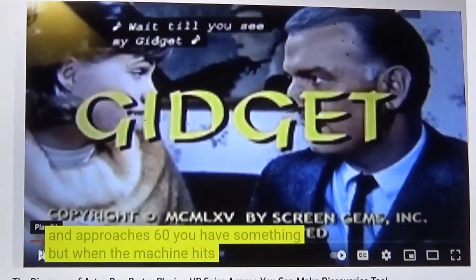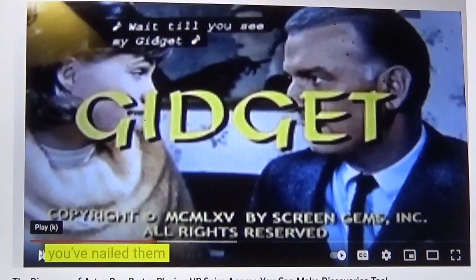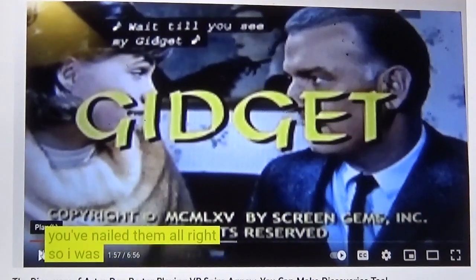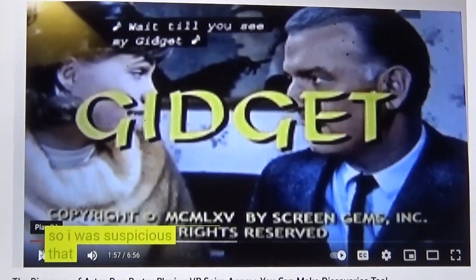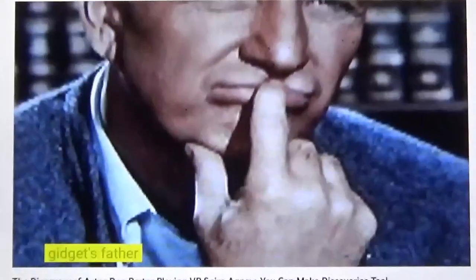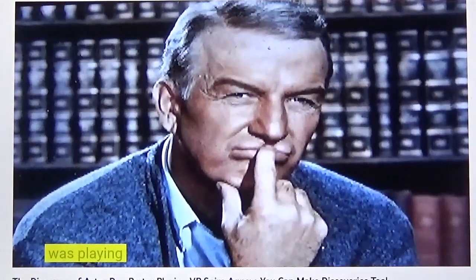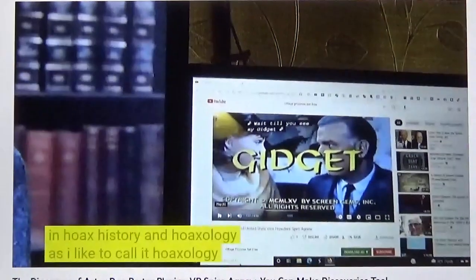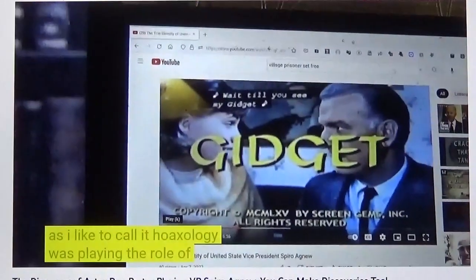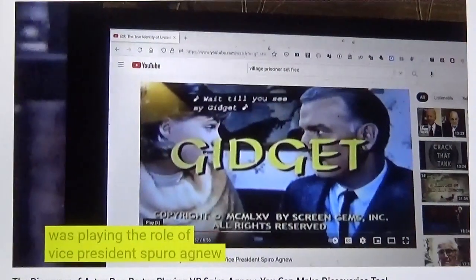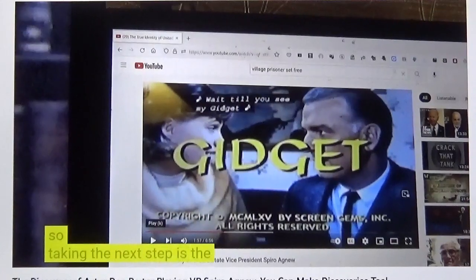But when the machine hits 84%, you've nailed him, all right? So I was suspicious that Don Porter, Gidget's father, was playing in hoax history, and hoaxology, as I like to call it, was playing the role of Vice President Spiro Agnew. So taking the next step is the pick, try, if.